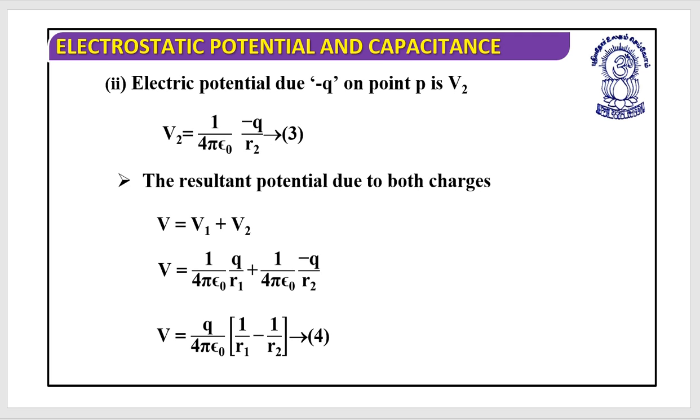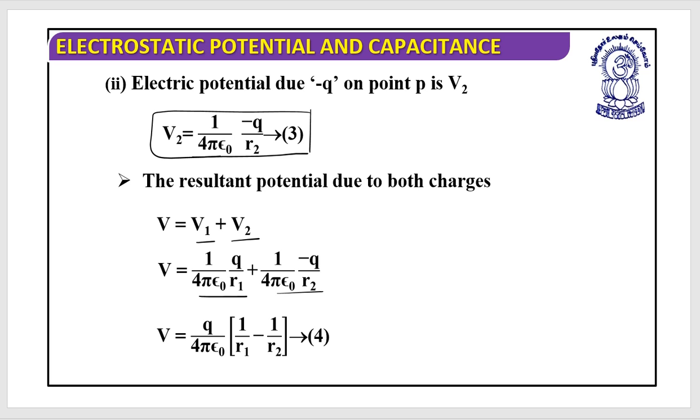Next, the electric potential due to minus q is V2, which is kq by r2 with a minus sign, so minus kq by r2. I need the resulting potential, so I add them: V equals V1 plus V2, which is kq by r1 minus kq by r2.